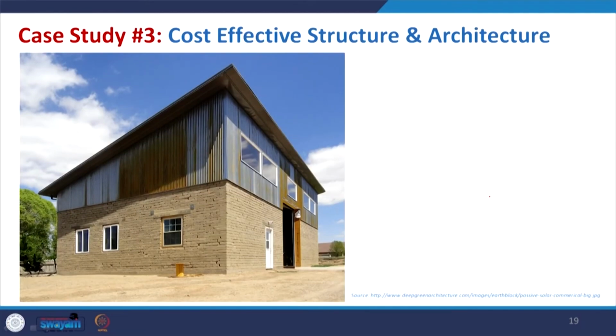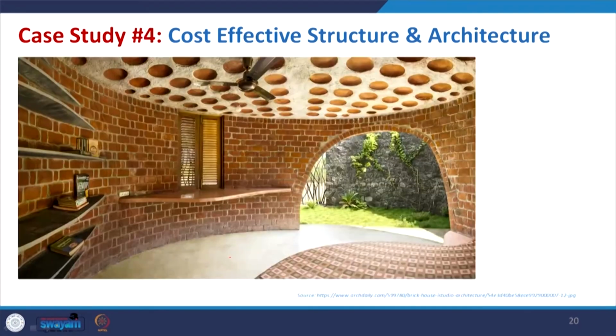Similar to that, like use of the corrugated sheet or some steel and then the compressed block. So, we can get a very beautiful architecture, and definitely we are not talking about some high rise building where the mechanical system is required, but for one story, two story buildings, this kind of compressed mud block, fly ash brick or the precast material can be used.